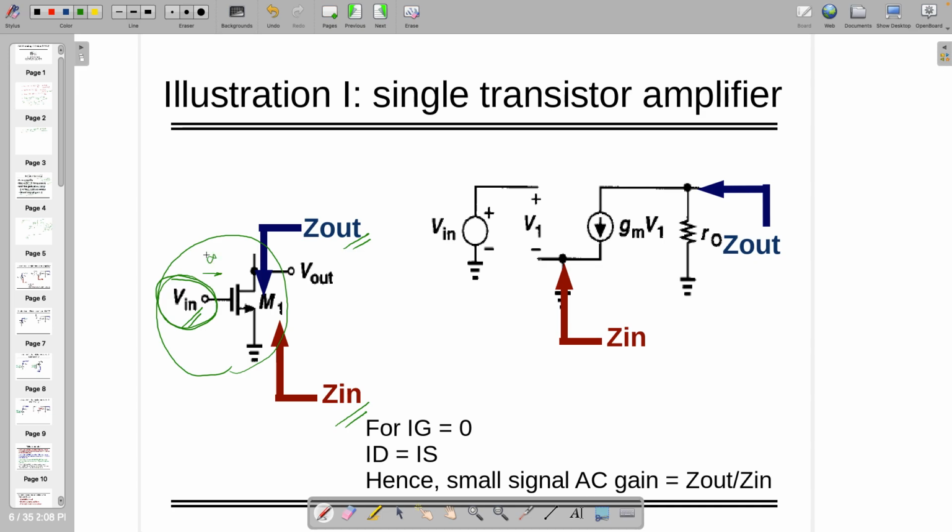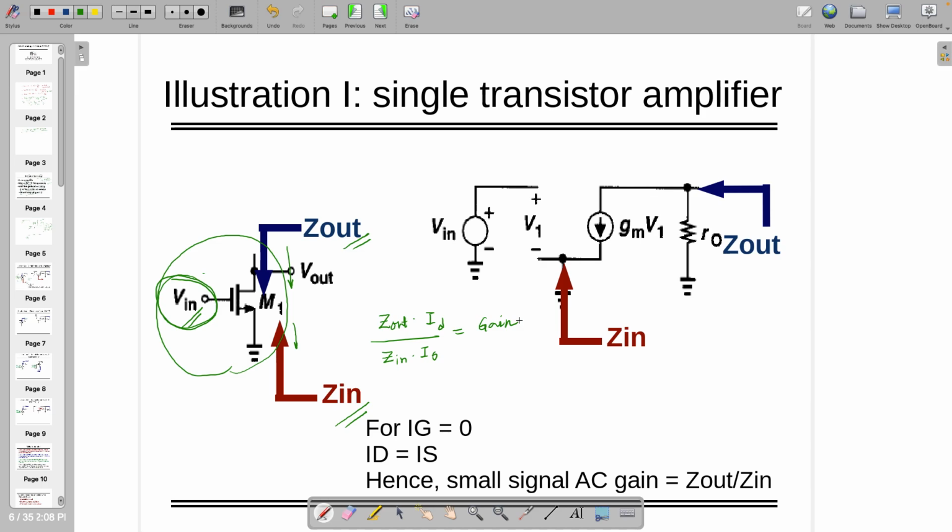And why am I doing this? Just to make sure that for a given input current, the current which is here and the current which is going from here have to be equal. So if I say Z out times ID divided by Z in times IS, can I call that the gain?